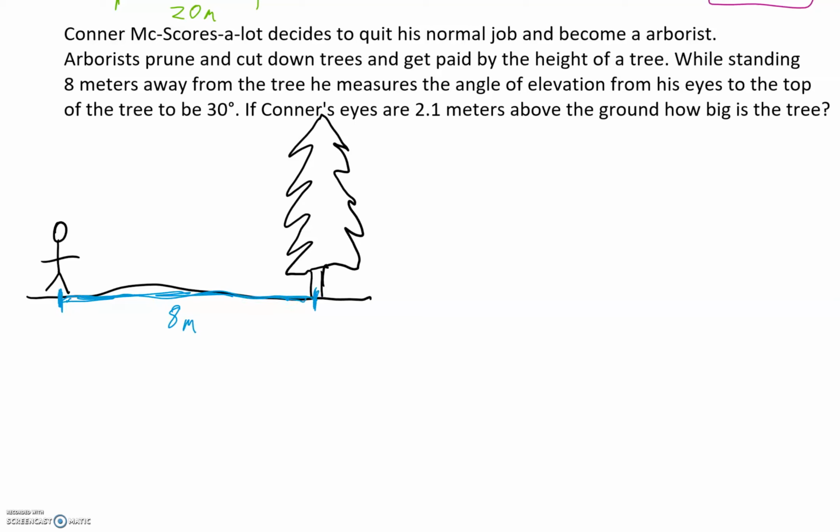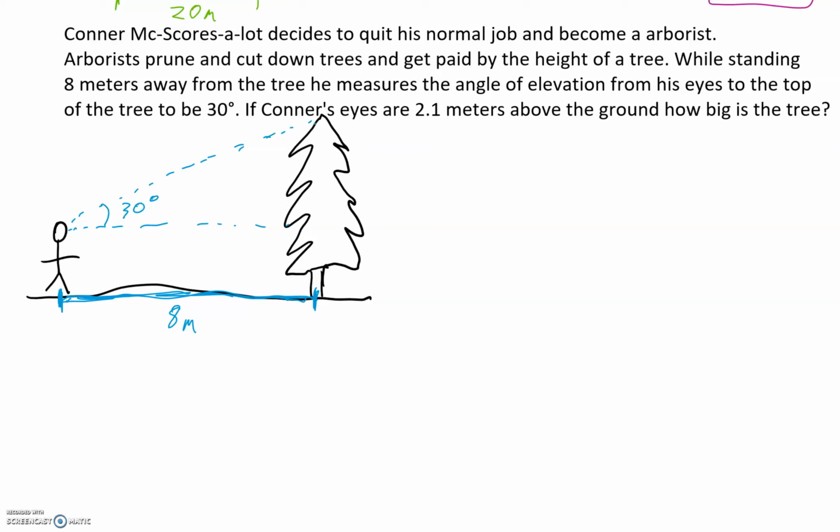All right. He measures the angle of elevation from his eyes to the top of the tree to be 30 degrees. So look at where his eyes are. Okay. There's a 30-degree angle there, angle of elevation to the top of the tree.